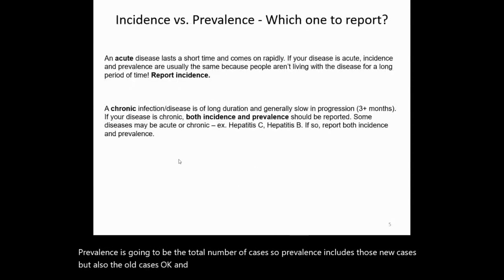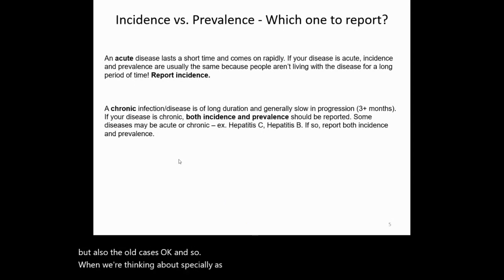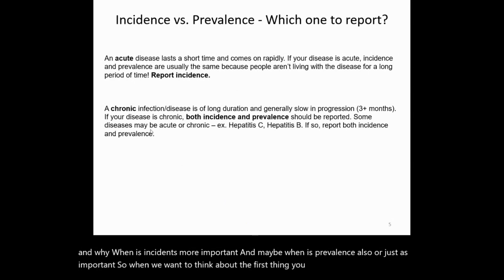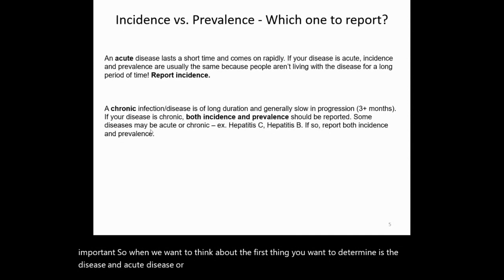And so when we're thinking about, especially as healthcare professionals, what do we need to report and why? When is incidence more important, and maybe when is prevalence also or just as important? So when we want to think about this, the first thing you want to determine is whether the disease is an acute disease or a chronic disease.